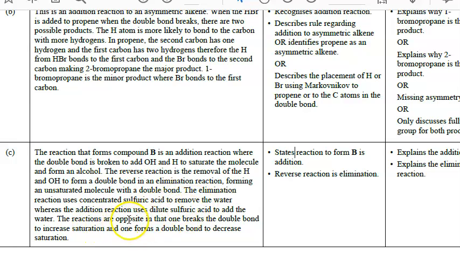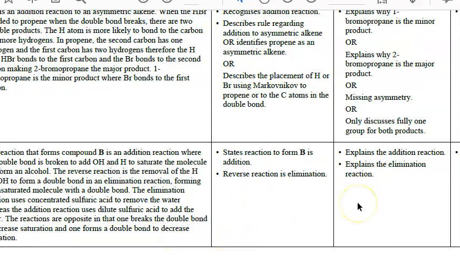The addition reaction uses dilute sulfuric acid. So you're really just stating what you know, and then the reactions are opposite. So this is the final compare and contrast explanation part of it. You're saying that you know that they're opposite. One breaks the double bond, one forms a double bond, and then you're done.